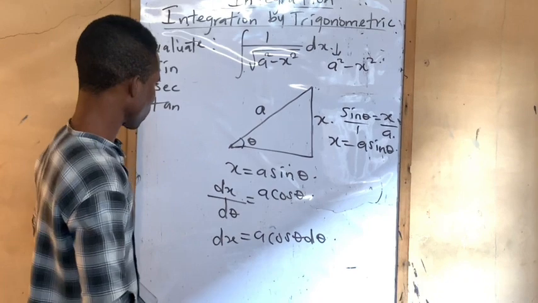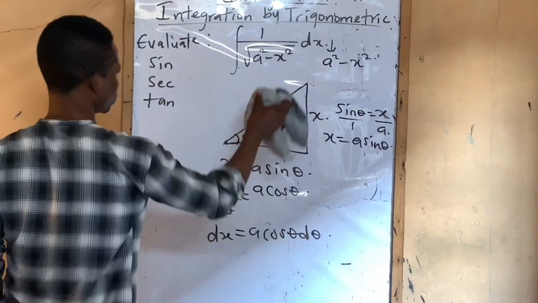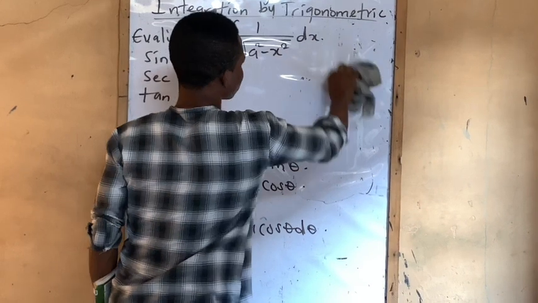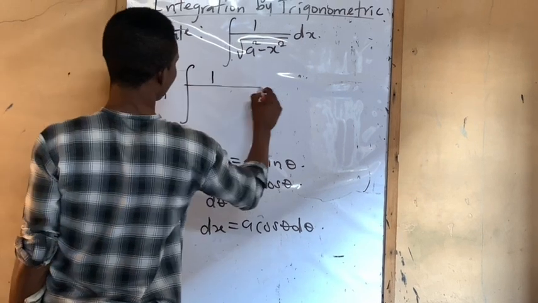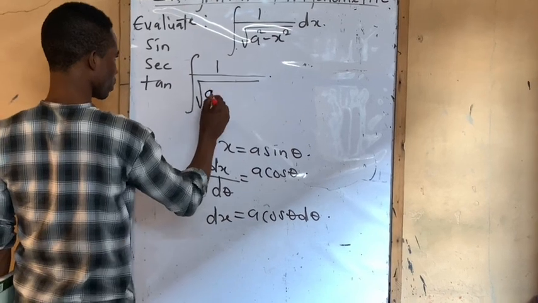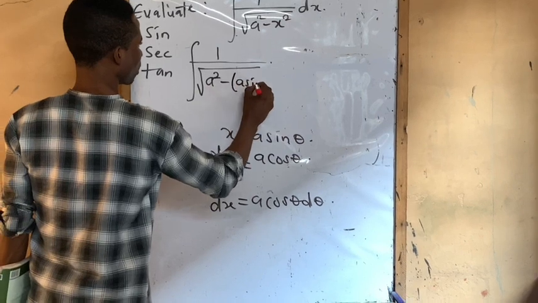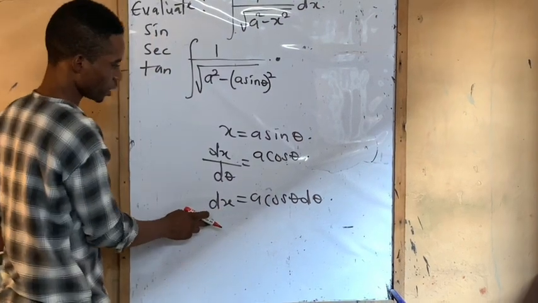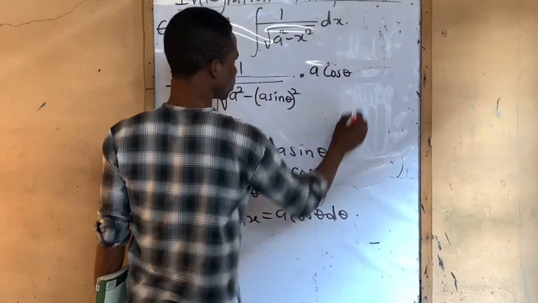Now, after you have gotten that, you know your x, you know this, you can now substitute. How do you substitute? One all over the square root of a squared minus, I've known my x to be a sine theta, a sine theta all squared, multiplied by my dx, which is a cos theta d theta.